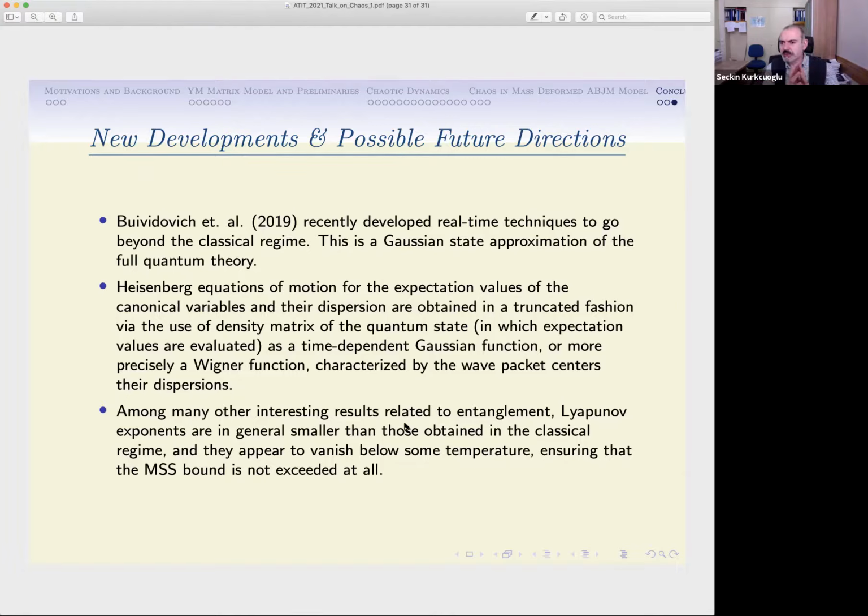People have tried to see if there is an ordered phase and a disordered phase, and how the phase transition happens.